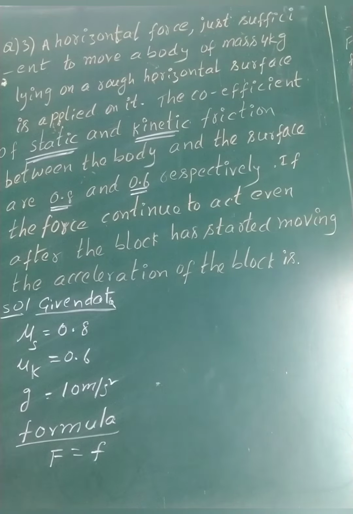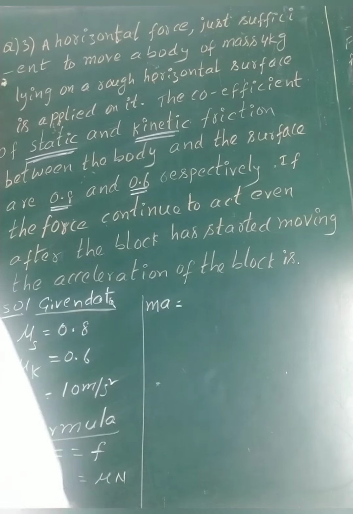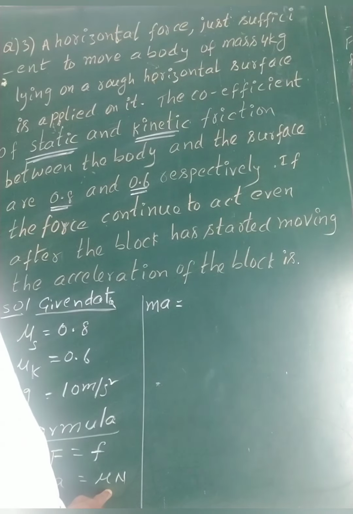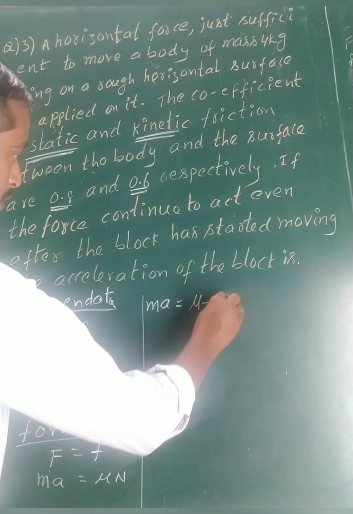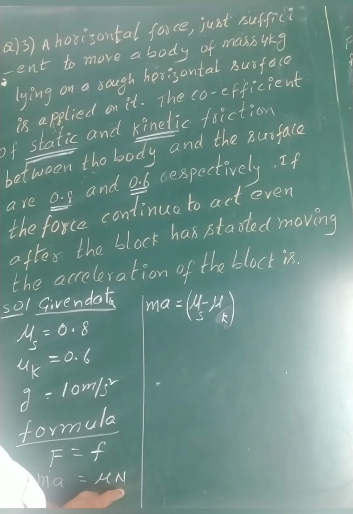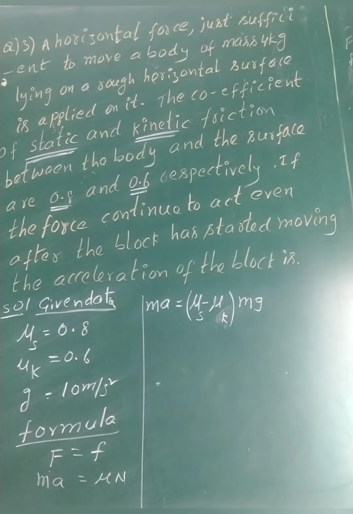Applied force is mass and acceleration, and frictional force is mu into N. From this we can write mass and acceleration is equivalent to mu, the resultant coefficient of friction, that is coefficient of static minus coefficient of kinetic, into N, where N is mass and acceleration due to gravity.